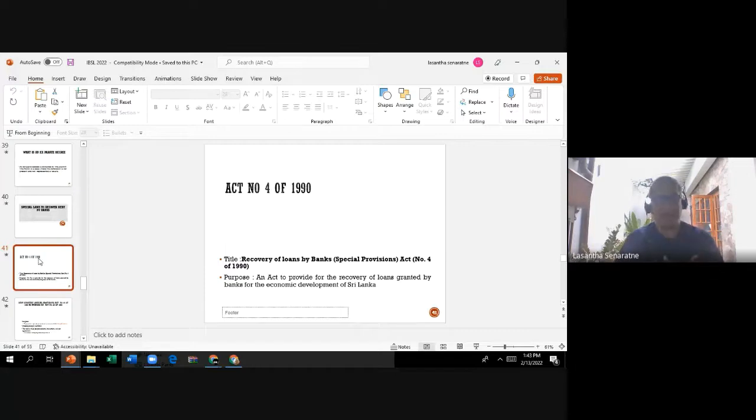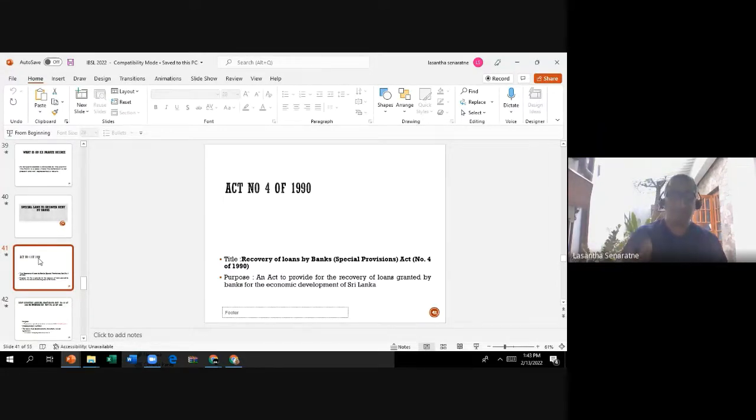So the whole idea is that if I'm borrowing and I'm not going to pay, you can use the debt recovery provision, and I'm compelled to pay within 1 year, because the steps are very shortcut steps, so it will be easy, and the courts are also handling this very quickly.